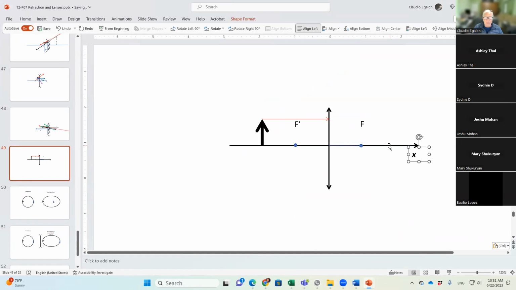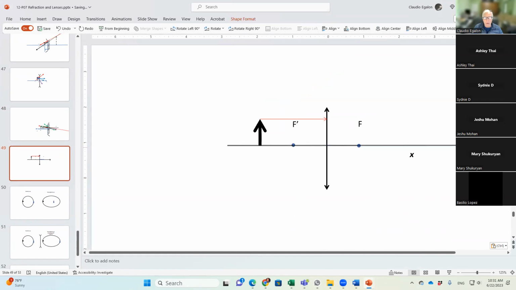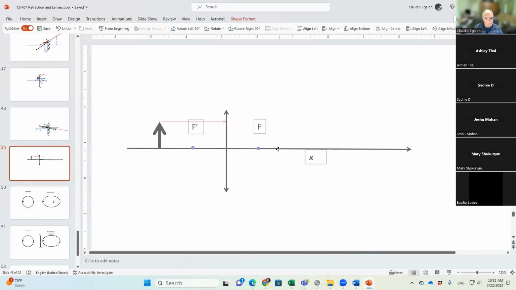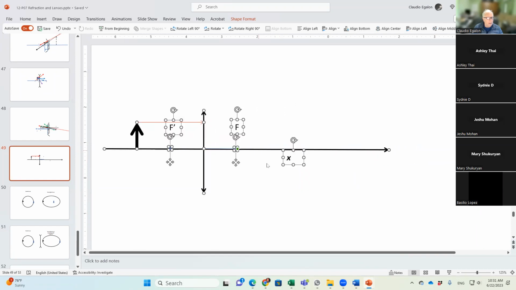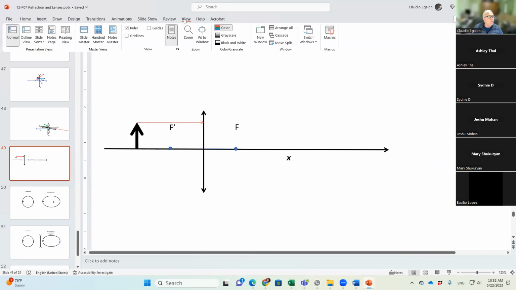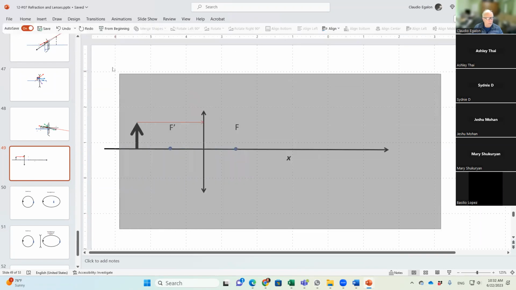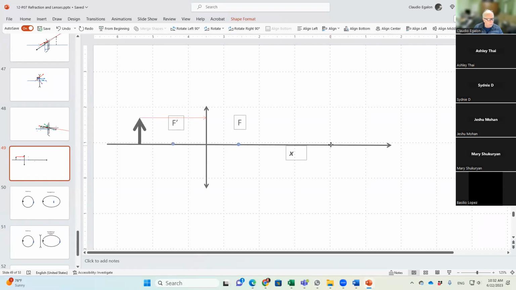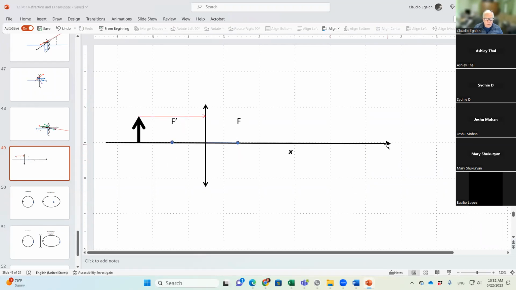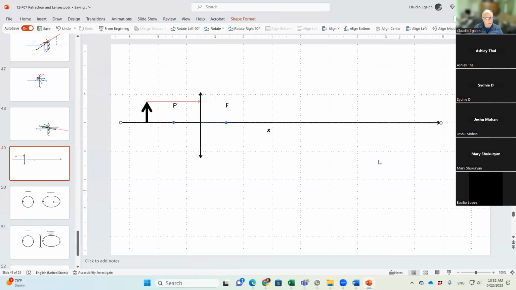I'm going to make this axis longer so I can fit everything there. View grid lines. This axis is not very horizontal, right? Now you can get it right. Good.